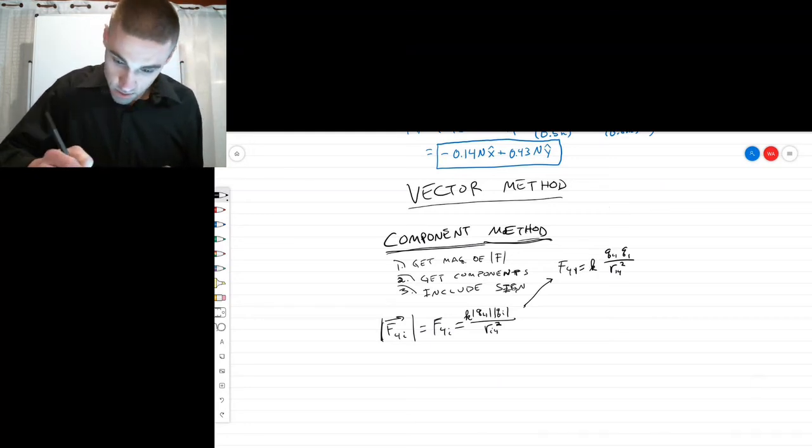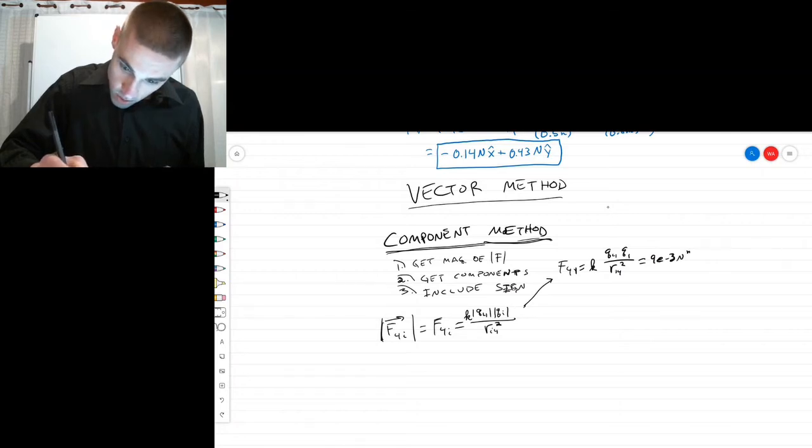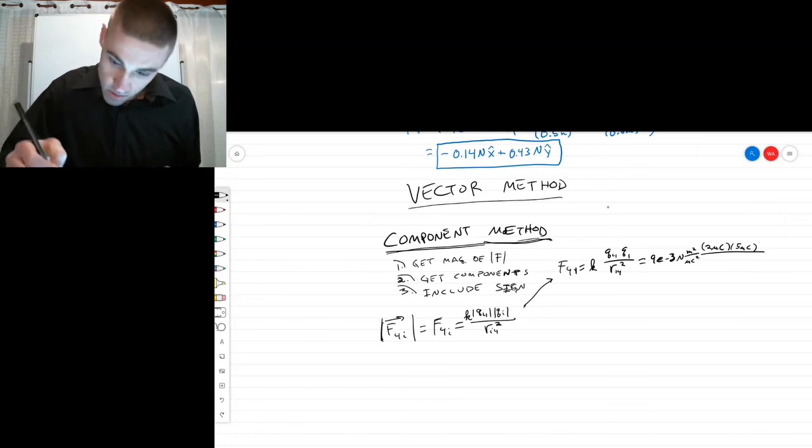Okay, and so we can plug in numbers. This is 9 times 10 to the minus third Newton meters squared per microcoulomb squared times Q4 was 2 microcoulombs. I'm not going to care what the sign was, right? And Q1 was 5 microcoulombs divided by the distance between 4 and 1.